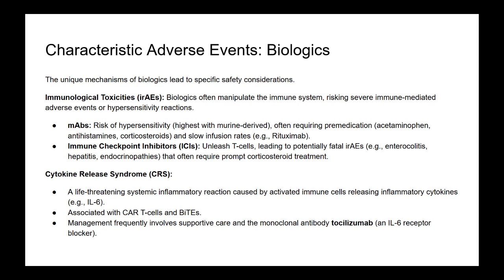Chimeric antigen receptor T cells and bispecific T cell engagers are associated with a condition known as cytokine release syndrome. This syndrome is a life-threatening systemic inflammatory reaction triggered by activated immune cells releasing inflammatory cytokines, such as interleukin-6. Treatment for cytokine release syndrome involves supportive care and the administration of tocilizumab, a drug that blocks the interleukin-6 receptor.